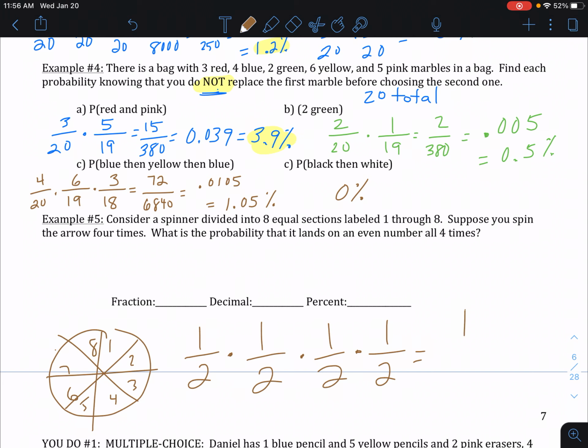So that would be 1/16. So there's my fraction, 1/16. Divide to have the decimal, 0.0625. And the percent, move the decimal to the right 2 spots, 6.25%.